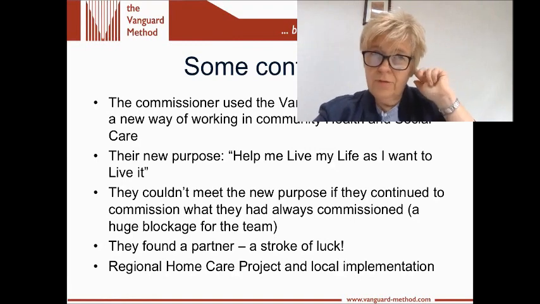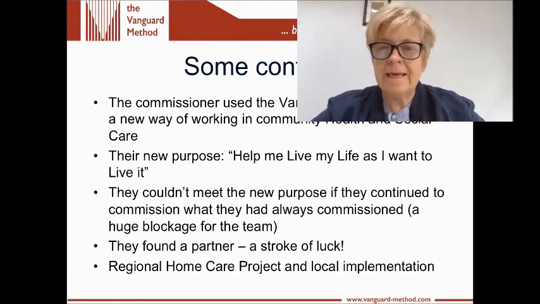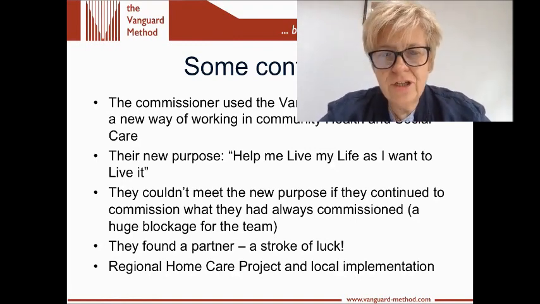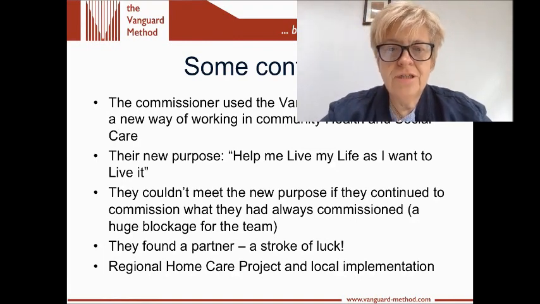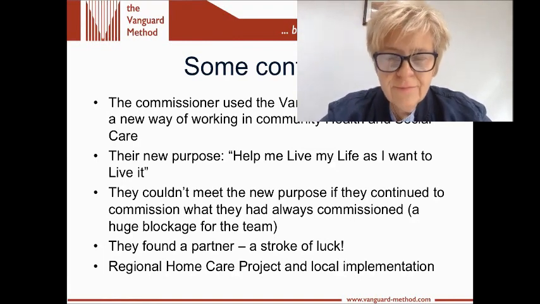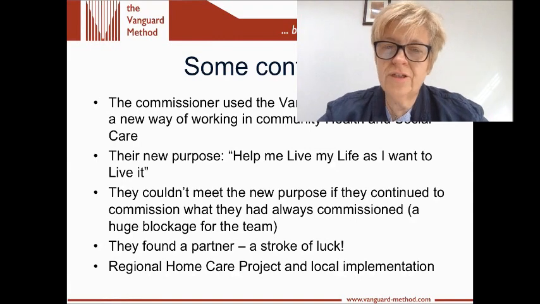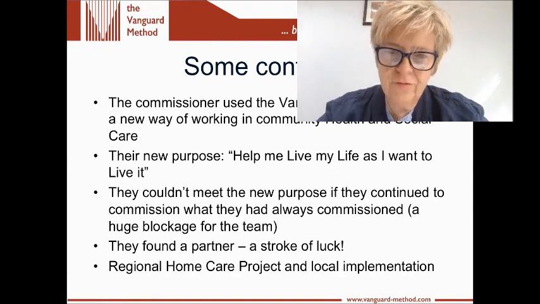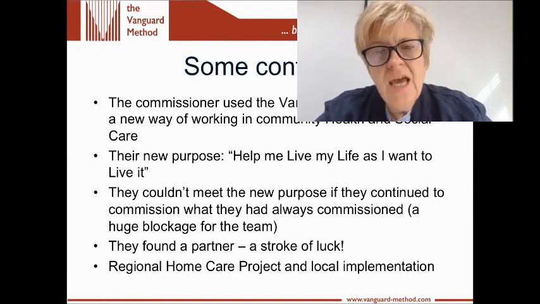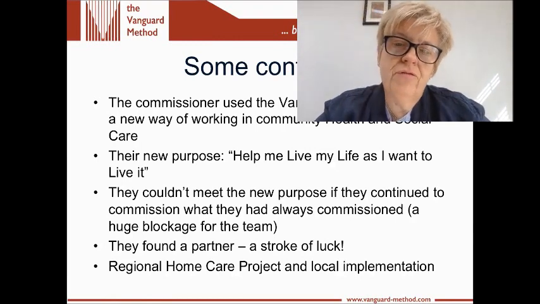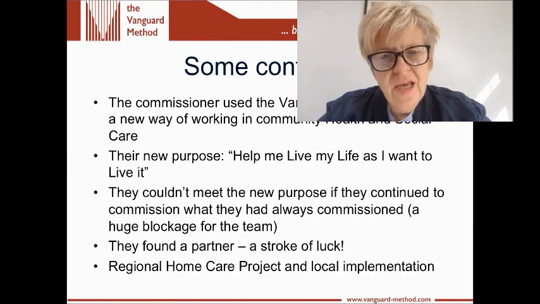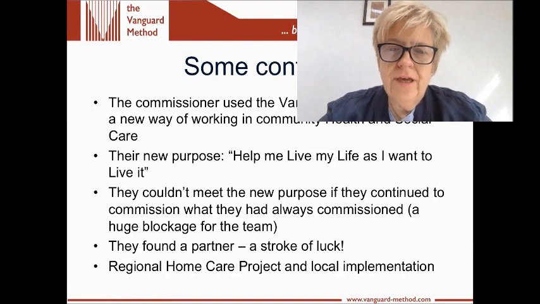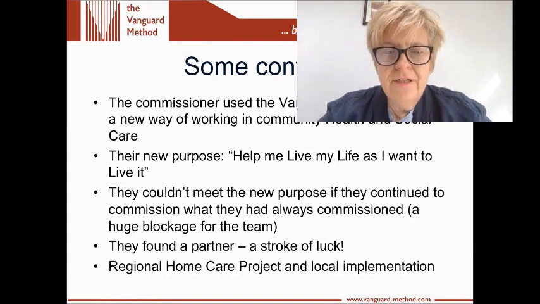And as some of you will appreciate, that's quite a tricky thing to get to, because organisations have their own purposes. Often they are what we call de facto purposes, not necessarily focused on the citizen. And getting to a point of absolute agreement on why we're here and from whose perspective we exist is really imperative.